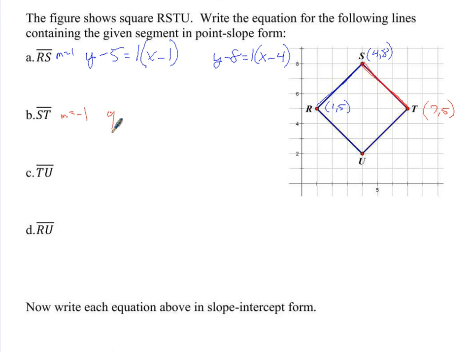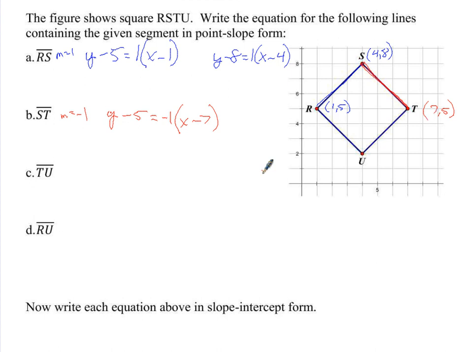Okay, so I'm going to write y minus 5 equals negative 1 times x minus 7. I could have used the other ordered pair on S because it's on the same segment, but I didn't. I used this one instead. No big deal. It gives me an equation.